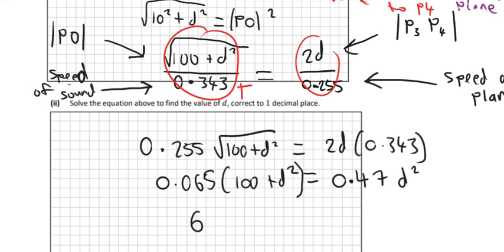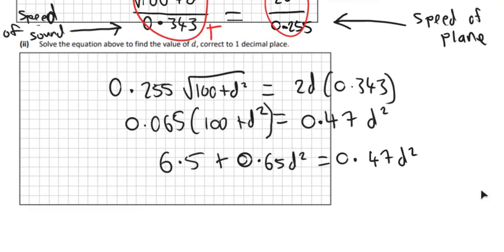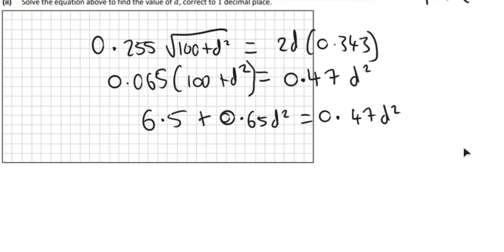So 6.5 plus 0.065 d squared is equal to 0.47 d squared. So you have a d squared on both sides. They're decimals now, but you can bring one over and take away from the other.